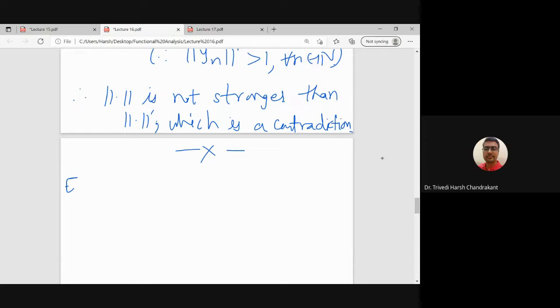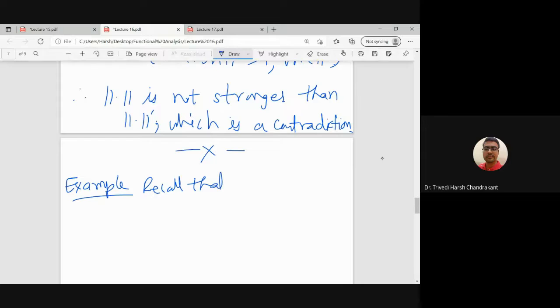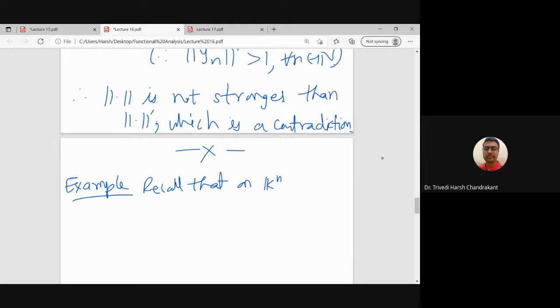So example. Recall that on Kn, meaning n coordinates, we have defined three norms. So what are the norms?